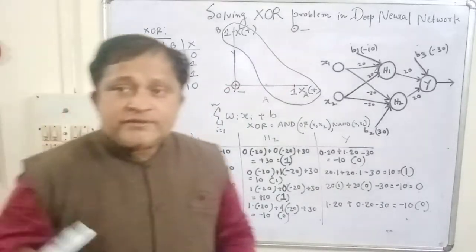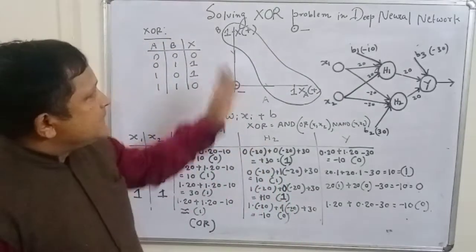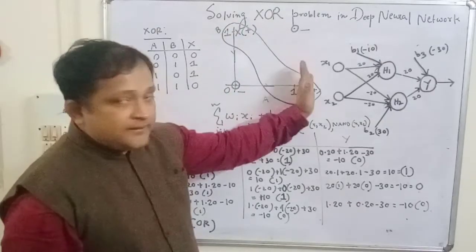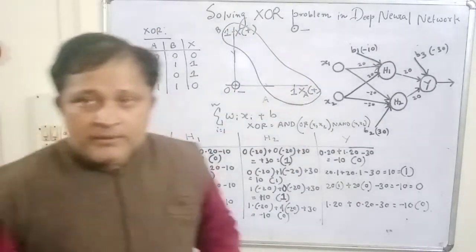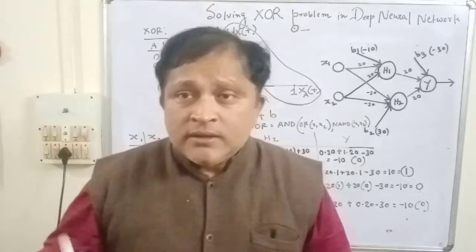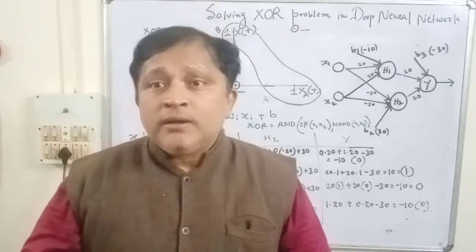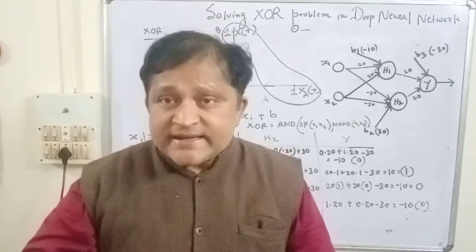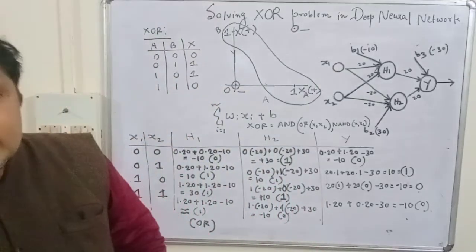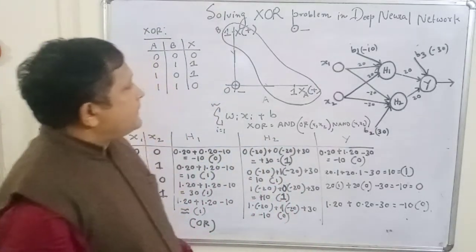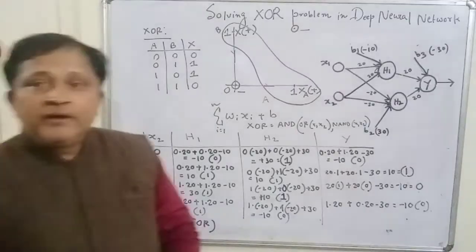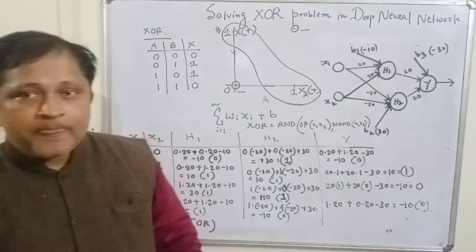These points of zeros and points of ones cannot be separated by any line on this plane. No hyperplane can actually classify these two classes of points. So no linear classifier can solve this problem. So we will take the help of a neural network in this case.